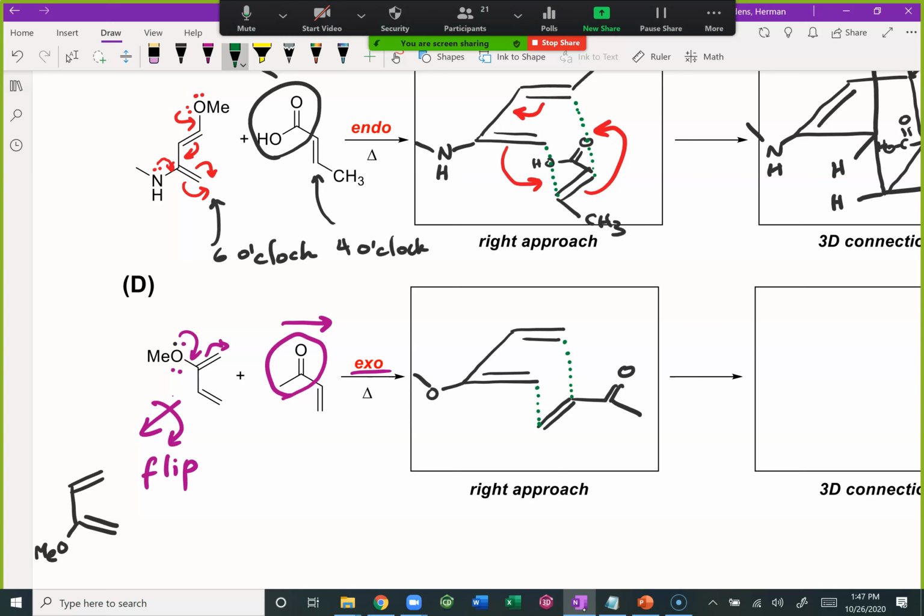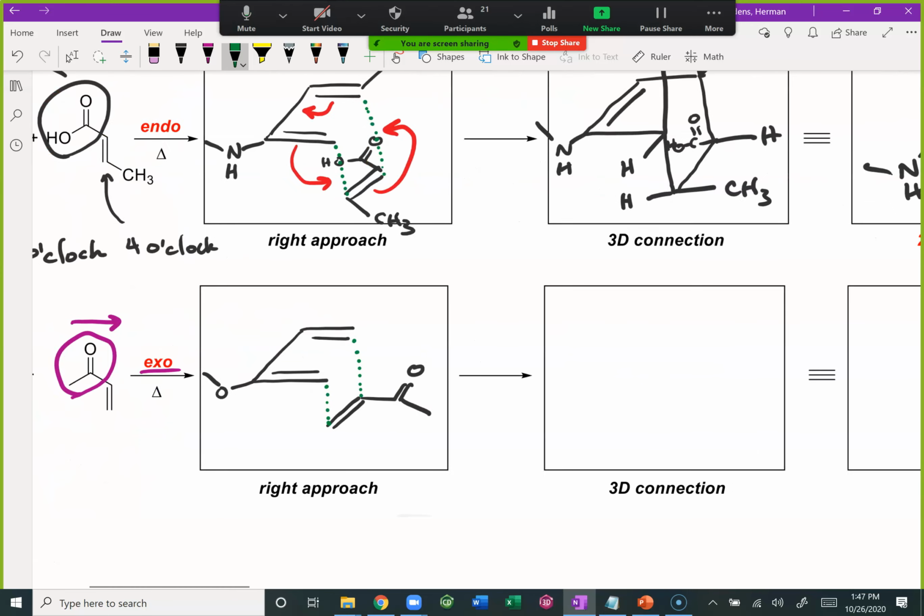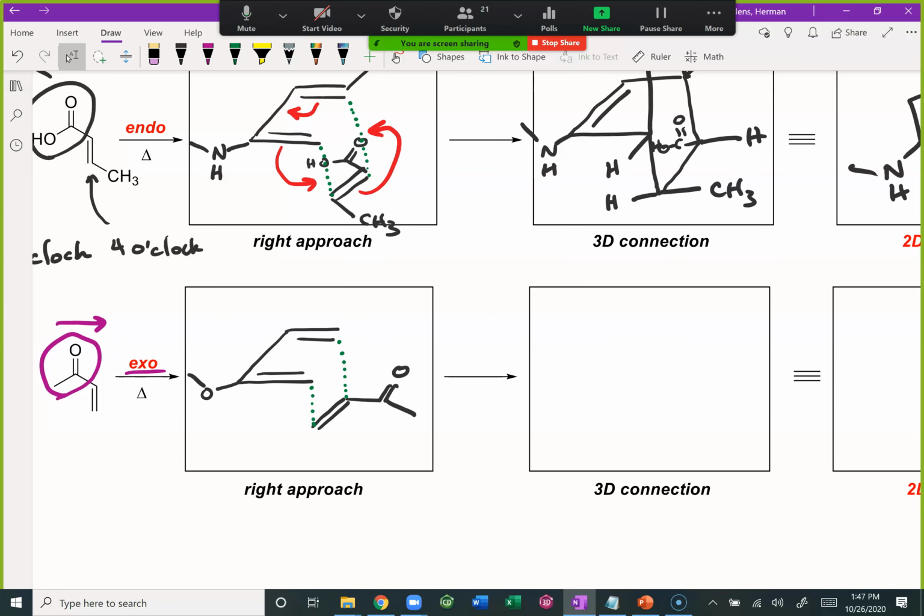I'm starting to form my box. All right. And so I'll make now my box as pretty as I can. Double bond there. O methyl.